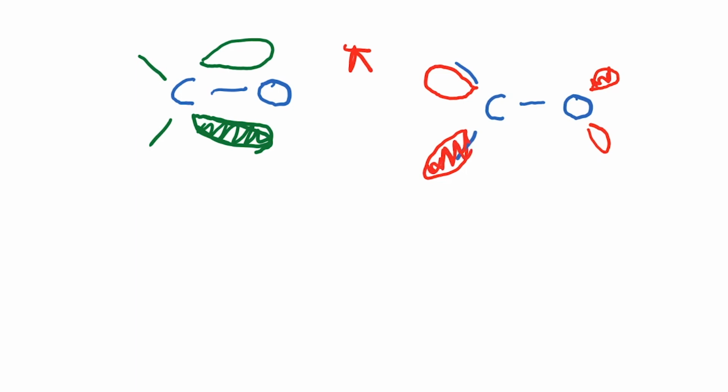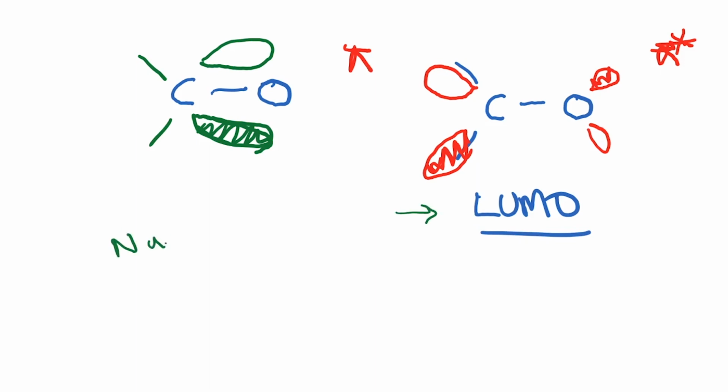These are going to be your pi star orbitals. This is important because now the pi star is actually the lowest unoccupied molecular orbital. So when we are looking at carbonyl chemistry, we invariably are concerned about the lowest unoccupied molecular orbital when we are looking at nucleophilic substitution or addition reactions.